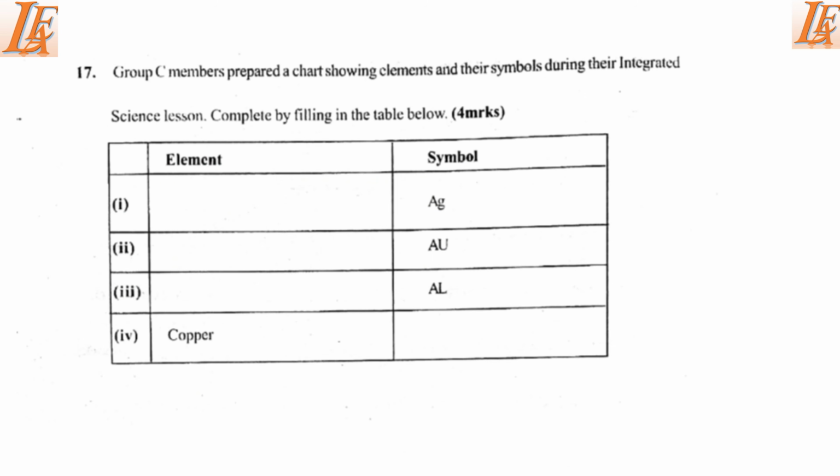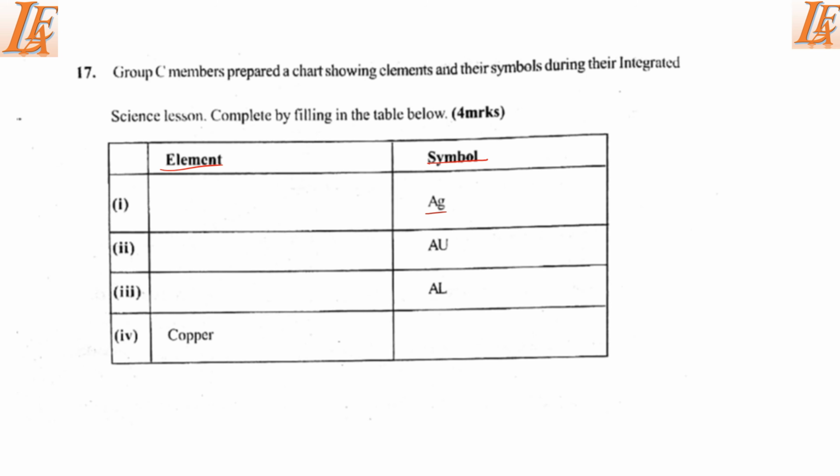Then question 17: Group C members prepared a chart showing elements and their symbols during their integrated science lesson. Complete it by filling in the table below. So here we have an element and then we have a symbol. The first one, we have a symbol which is capital A, small g.